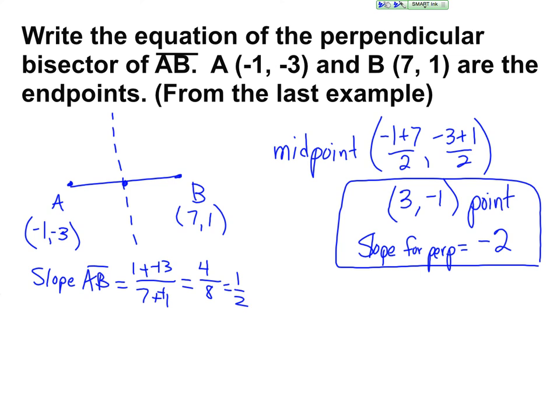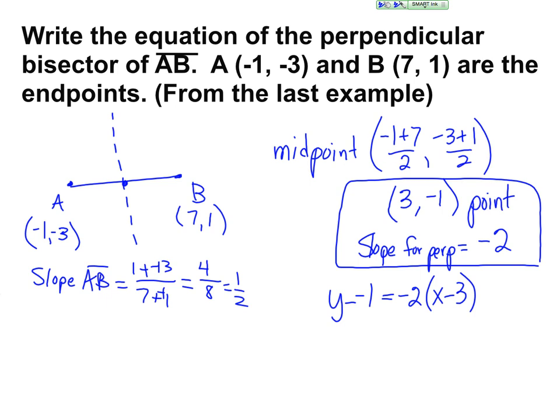So y minus -1 equals -2 times x minus 3. I'm writing the equation with the point I want it to go through and the slope I want it to have.